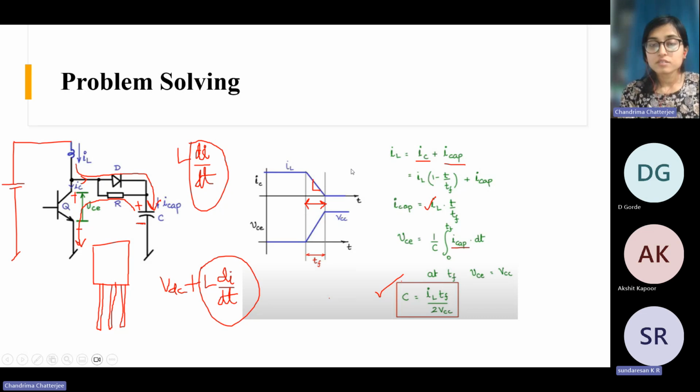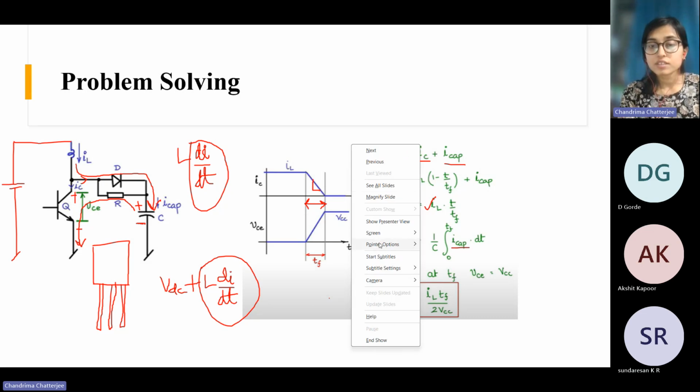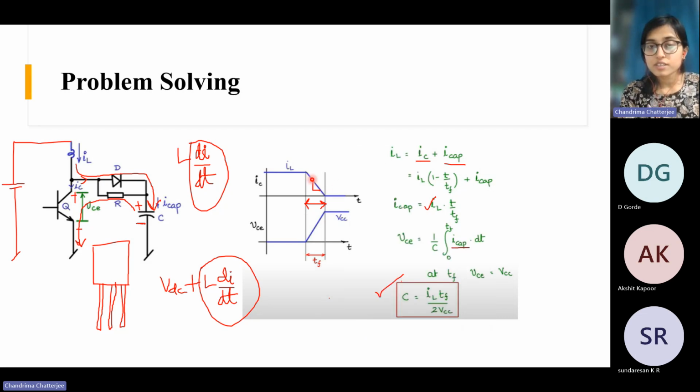Right. So you see here, this is the current waveform with respect to time, right? If you consider this interval during the fall time, what will be the equation? At the starting of this fall time, the current is IL, and this is a negative slope.